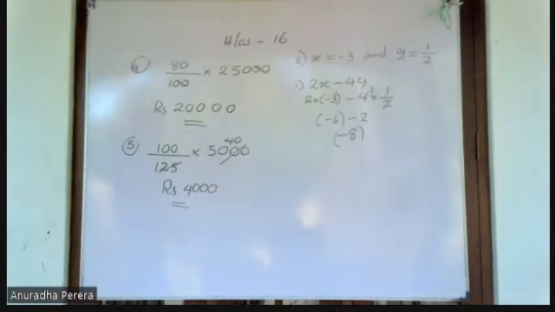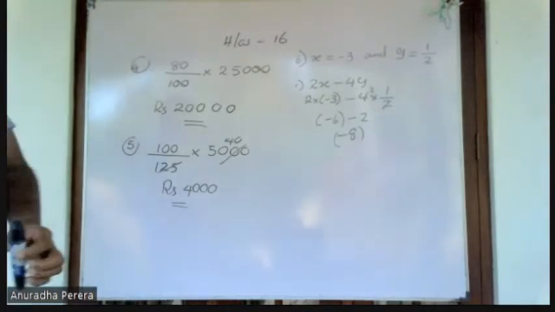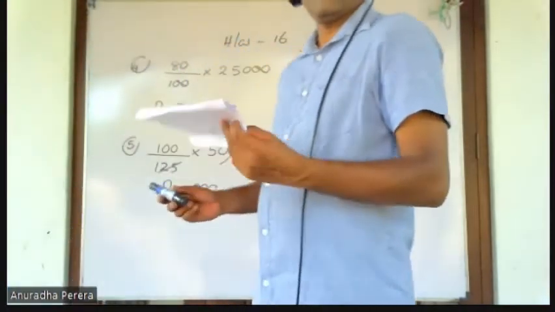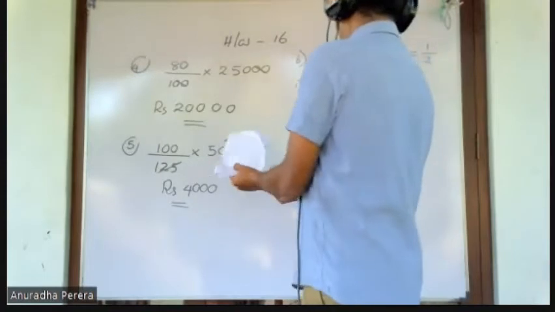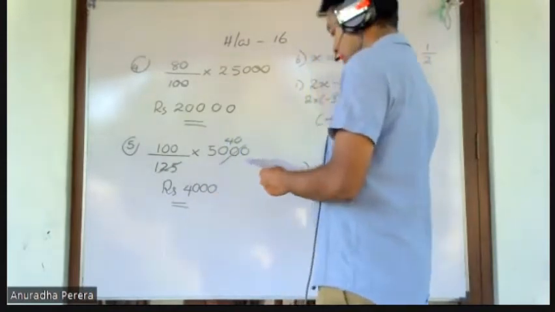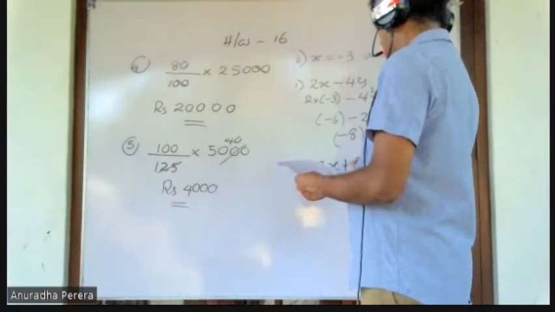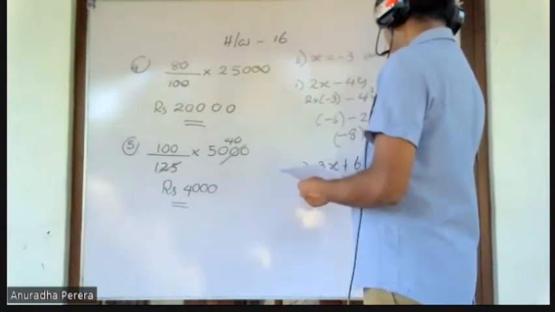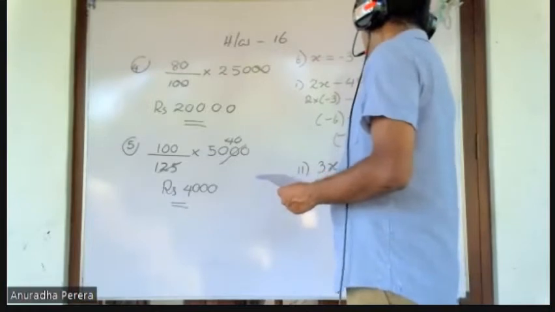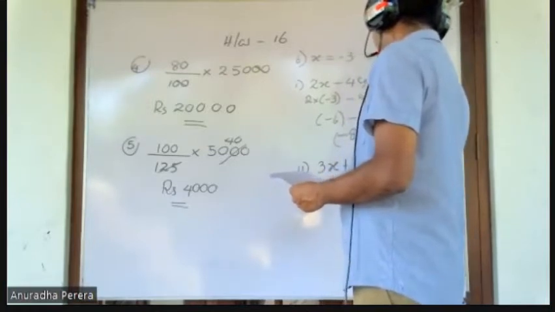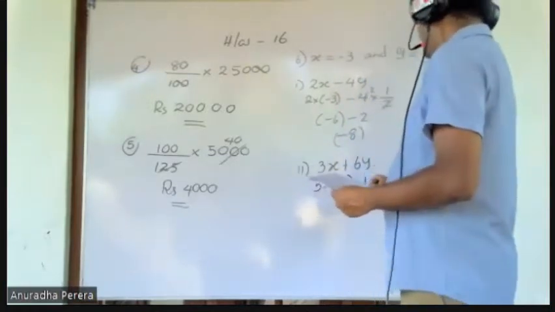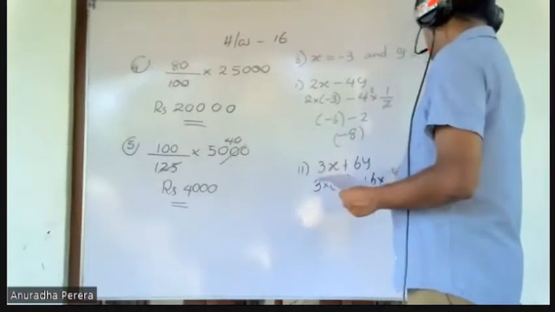Next one. 3x plus 6y. 3 times -3, 6 times half.